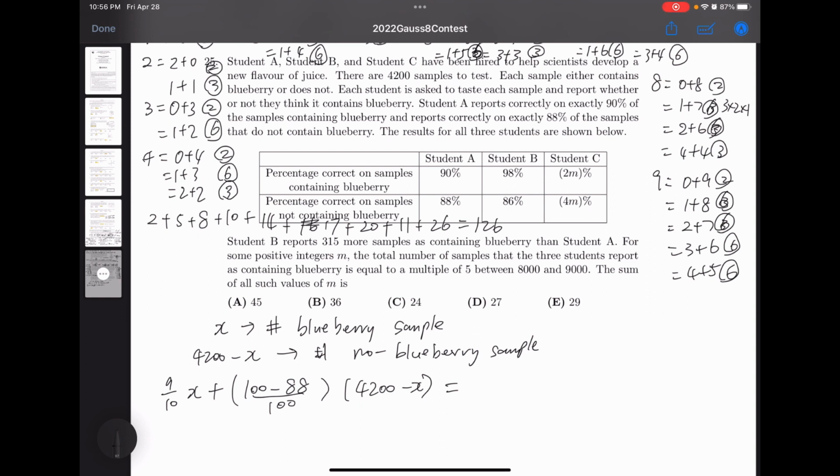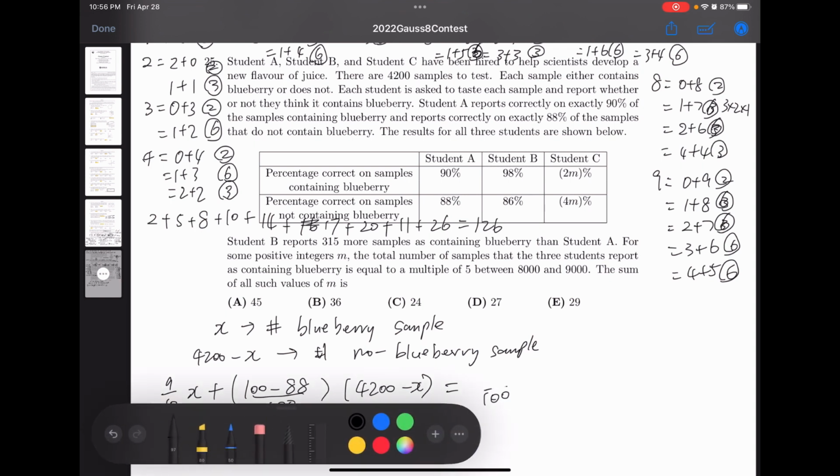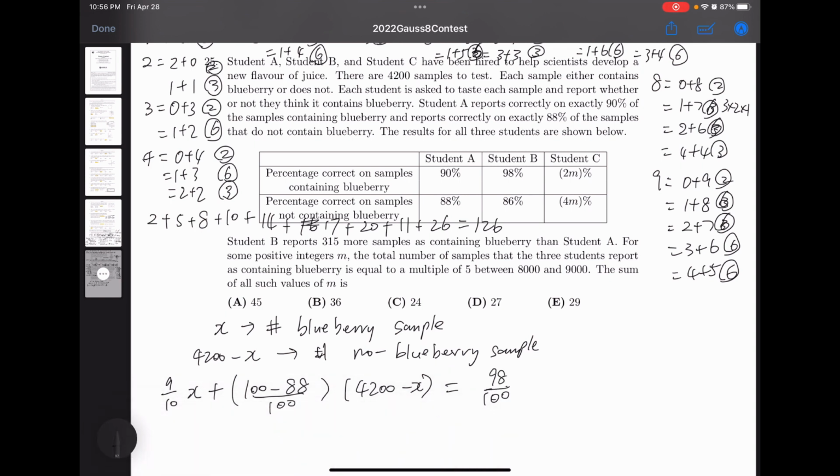the number of samples that student B reports as containing blueberry, which would be 98/100 x plus (100 minus 86)/100 times (4,200 minus x).